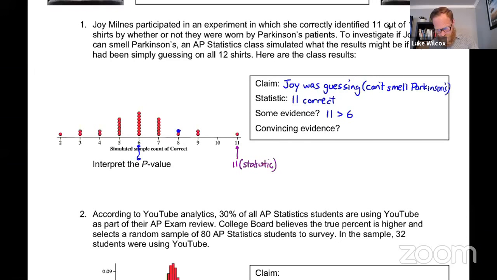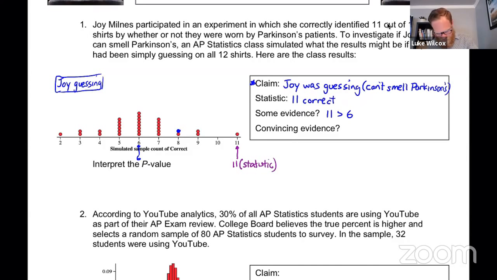Now, remember, one thing I want to make note of here: this simulation was done assuming that this claim is true. In other words, we created this dot plot by assuming that Joy was guessing. These are the possible values that we might get when Joy is guessing. Well, how many times did the class get 11 or better, right? If 11 is convincing evidence, then 12 would also be convincing evidence.